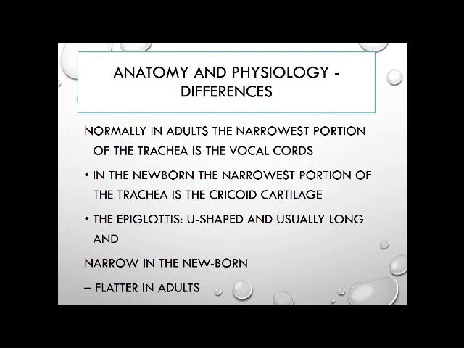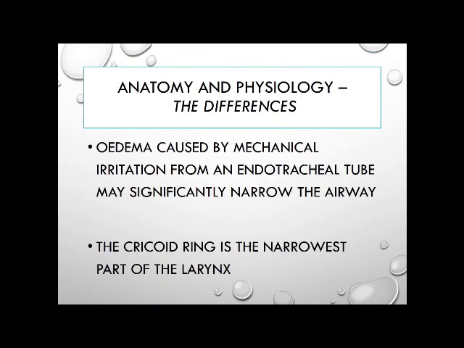In comparison to the two airways, the adults will have the narrowest point in the larynx, specifically the vocal cords, whereas in newborns it's the cricoid cartilage. So the epiglottis is usually U-shaped, and it's longer and narrower, and it's more flat in the adult anatomy.